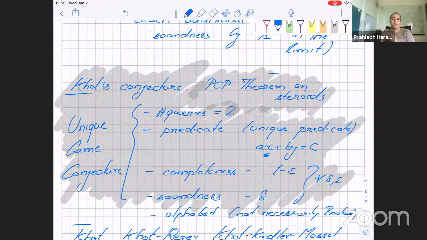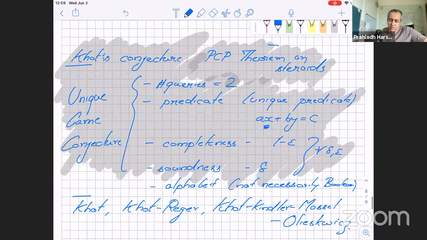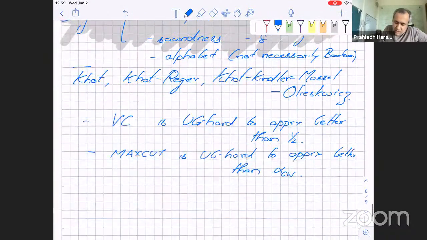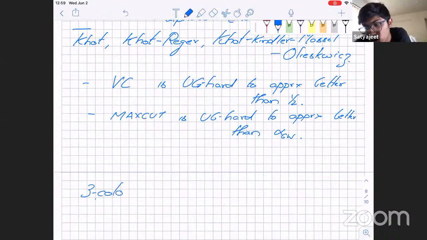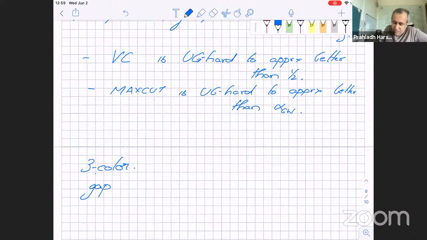So he says that if there is such a PCP, so how do you write this promise language for 3 coloring? Oh, the promise problem for 3 coloring will be this. If you're working with 3 colors, the corresponding gap version: the yes case will be G such that G is 3 colorable.